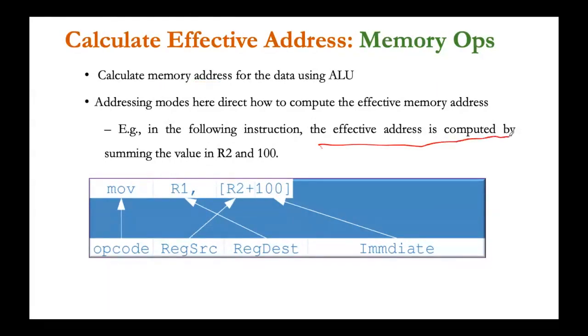The effective address is computed by summing the value of R2 and 100. Here move is the opcode, R1 is the register, R2 holds the base address, and 100 is the immediate displacement value.